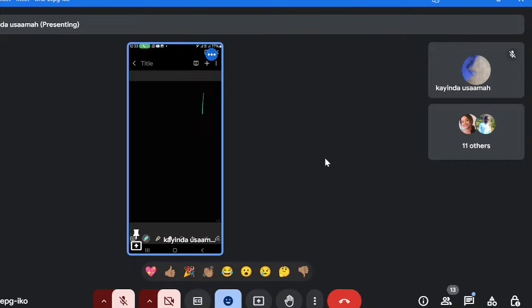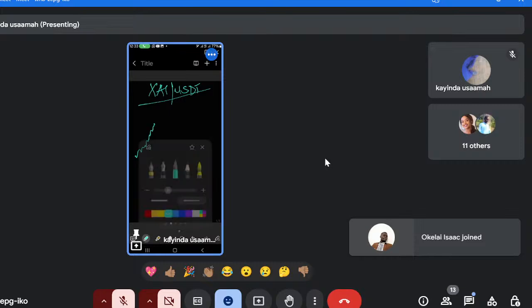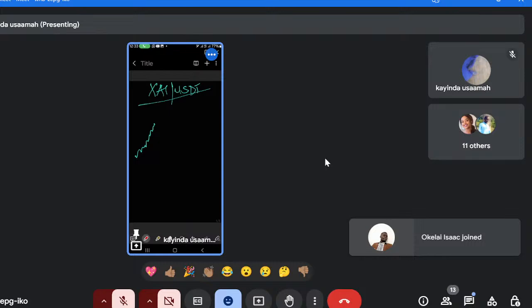So now, let's assume we have entered a trade called XAI stock USDT. This trade has been going up. Then eventually, the trade starts to change and it goes down.